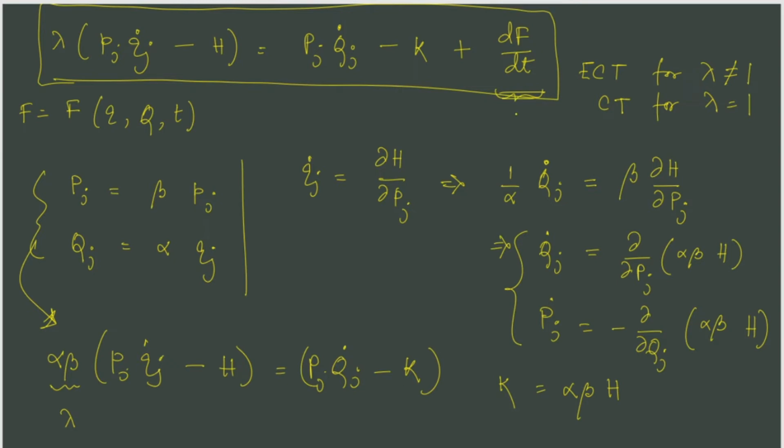But anyway, suppose you move from qp to another intermediate set of generalized coordinates and momenta by adding a function df dt of this form, and after that you can do the scaling, or you can first do the scaling from the old coordinates to an intermediate set, and from the intermediate set you can move on to the new set by adding this function. In any case, let us have a look at what this function does.